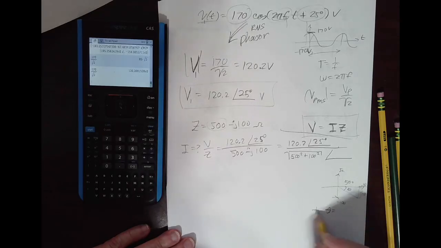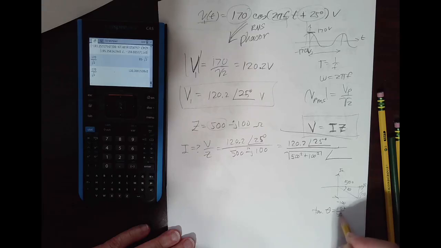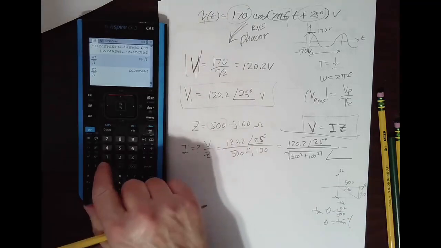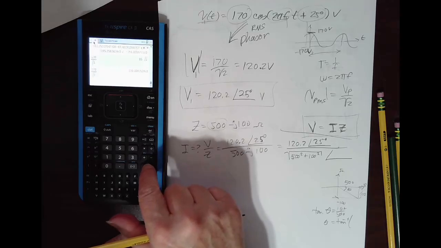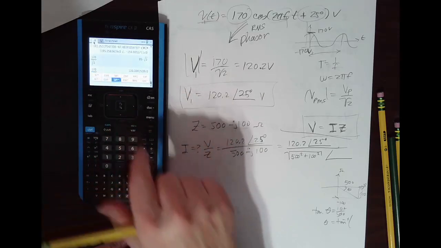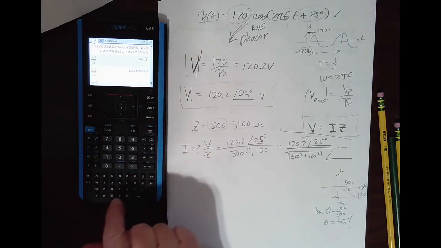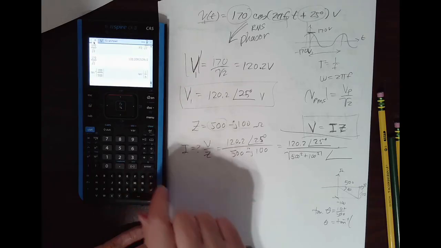Tangent theta is opposite over adjacent, 100 over 500. So theta is tan inverse of 100 over 500. I always want to do shift to go to trig, but I don't need shift. So tan inverse of 100 divided by 500.